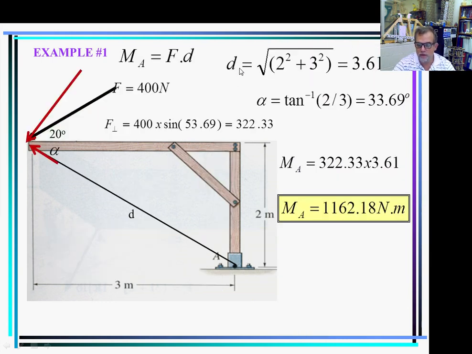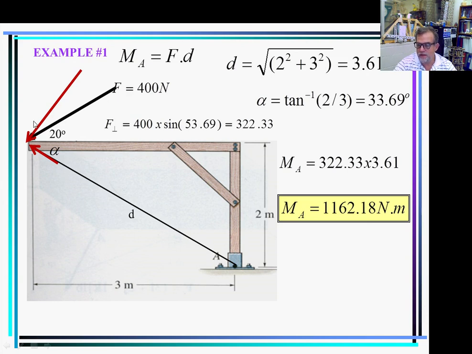The second method was, instead of finding the perpendicular distance from the point to the force, I'm gonna keep the force as is, and I'm gonna find the perpendicular component of the force to any known distance through a point that passes through the line of action. For example, the tip here. So this distance was easier to calculate, just the square root of these two squared.